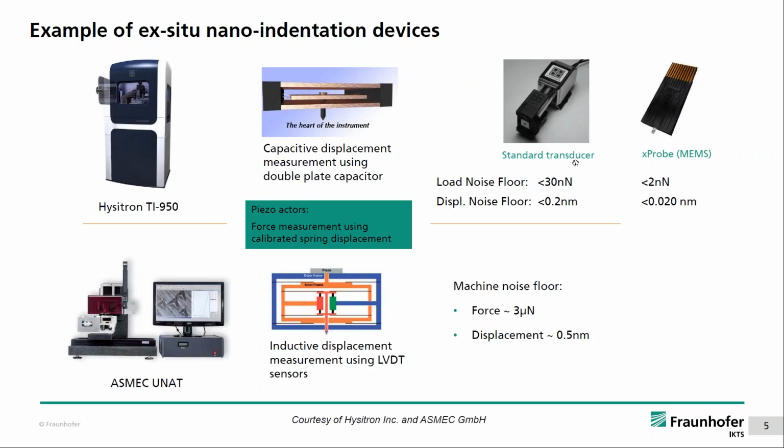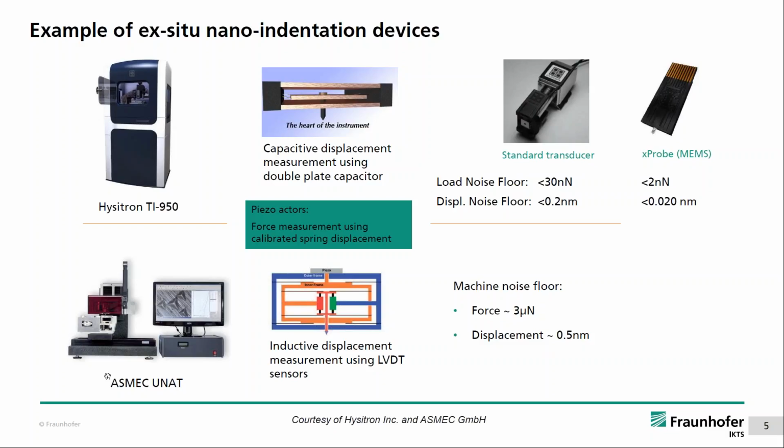One is the standard transducer, which has already a high resolution, and then we also have a MEMS device, which is very, very fragile, called XProbe, but it has an extremely high resolution, close to AFM resolution.